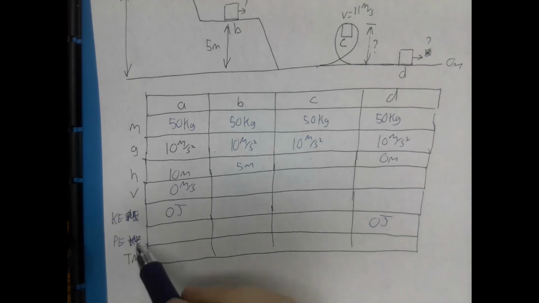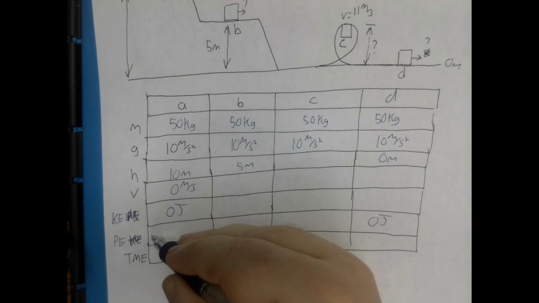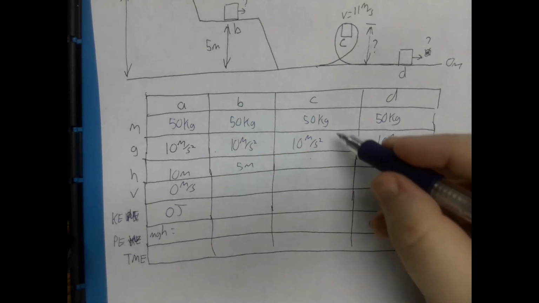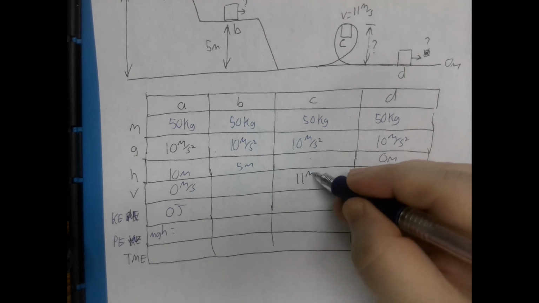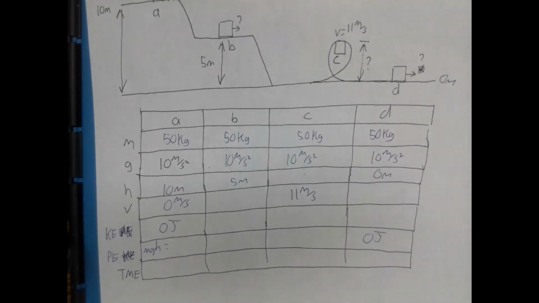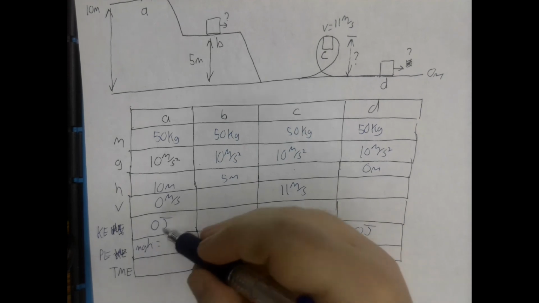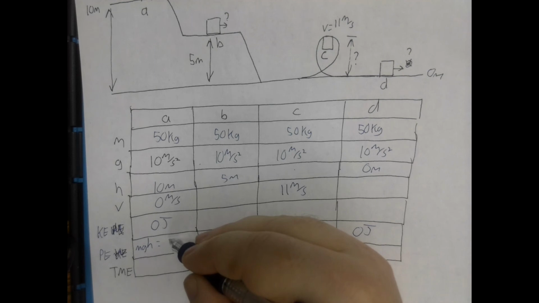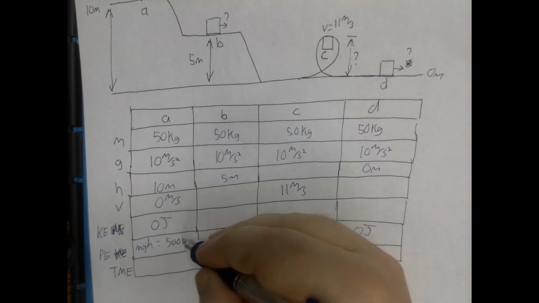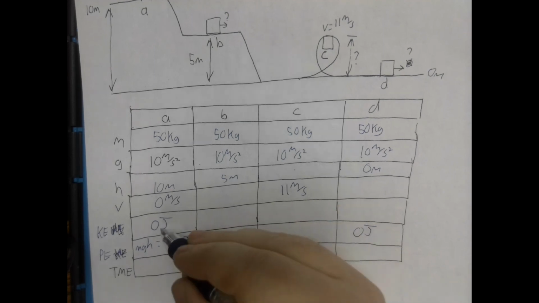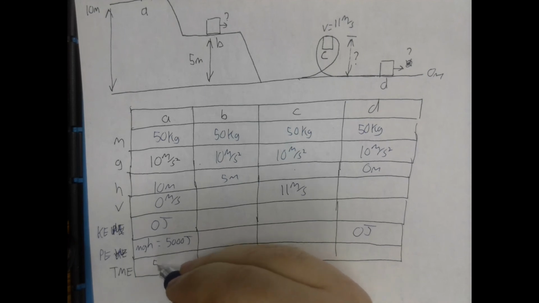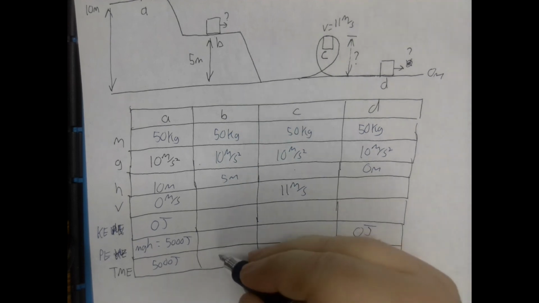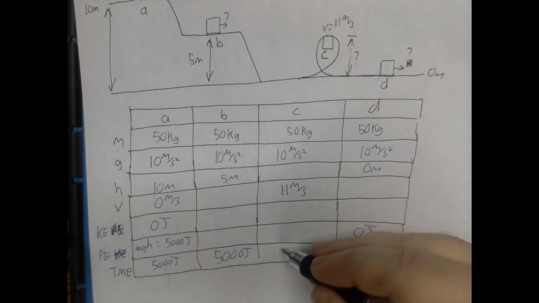And now we can solve for potential energy. It's mgh. Oh, C is given. Good point. 11. So mgh, 50 times 10 times 10. And so the total is, and we can write this across the board.